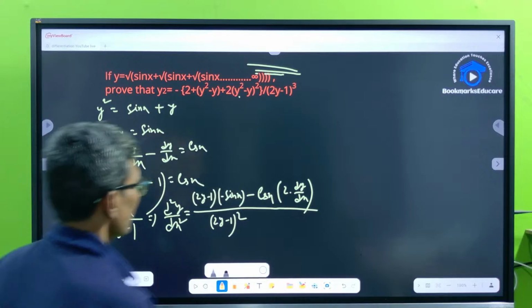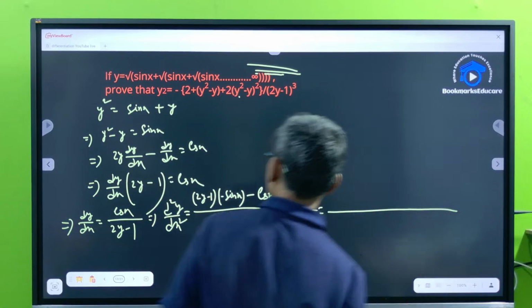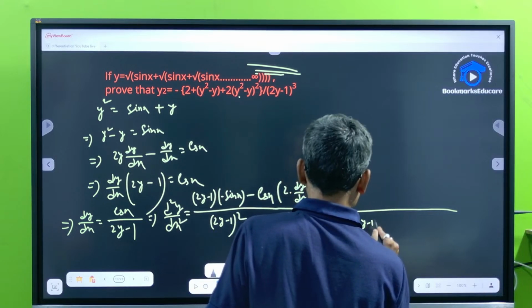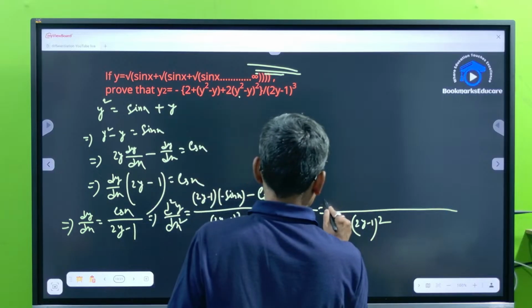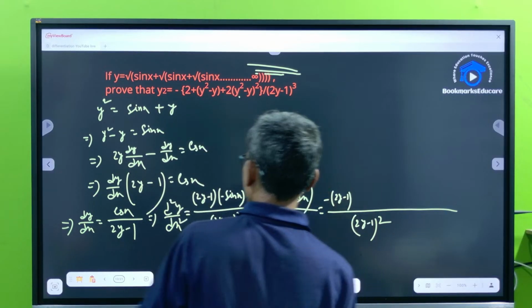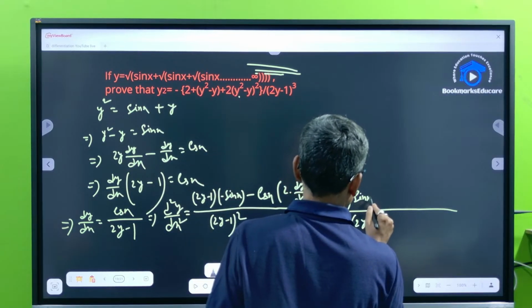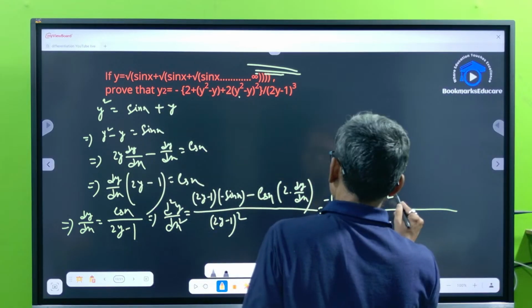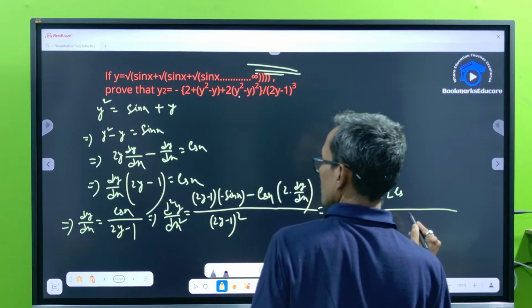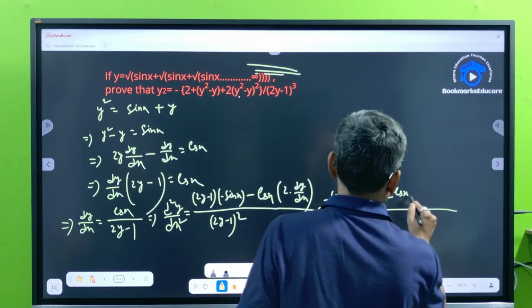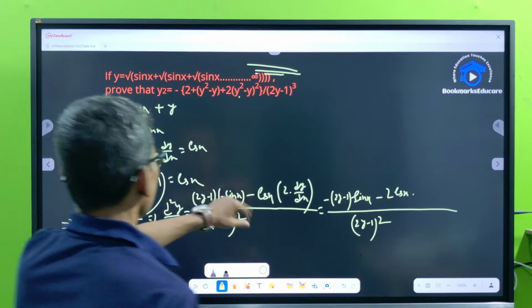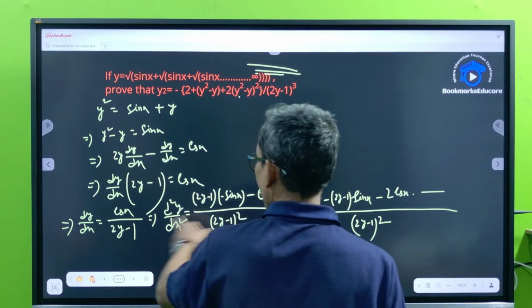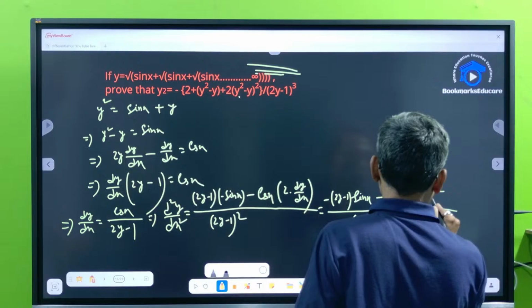Okay, so over (2y minus 1) whole square. So minus (2y minus 1) into sin x minus 2 cos x, dy by dx means cos x by 2y minus 1.